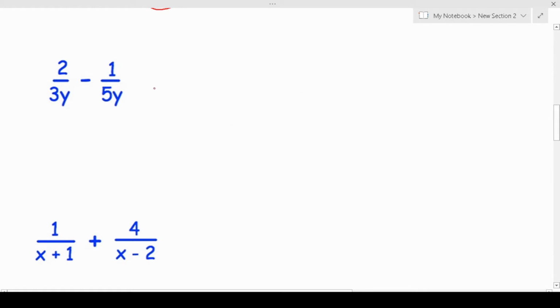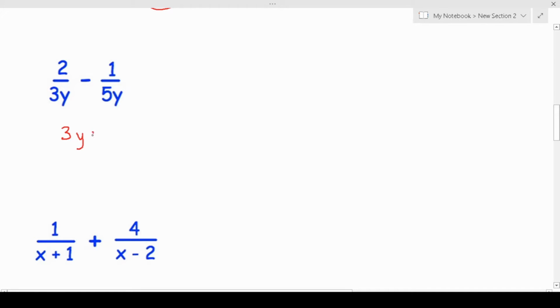In this next example, you can see that we're trying to do subtraction of algebraic fractions, albeit with different denominators, notably 3y and 5y. So in order to do this, we have to rewrite these algebraic fractions such that they have the same denominator in order to do the subtraction. So let's list out some multiples of 3y and 5y.